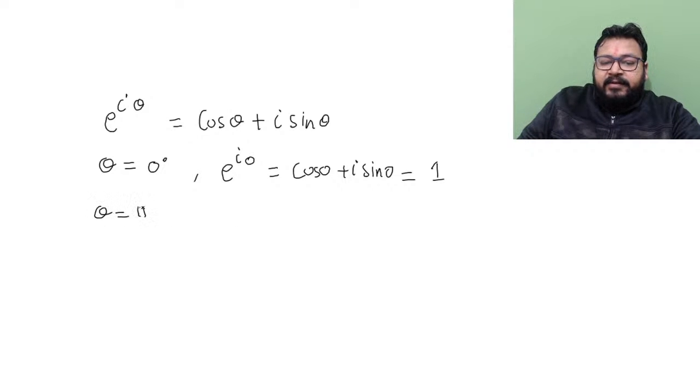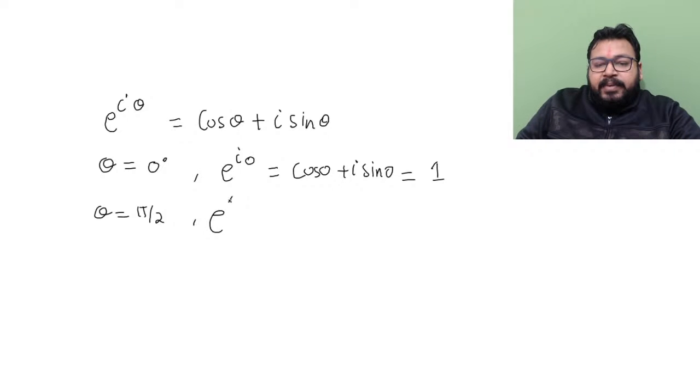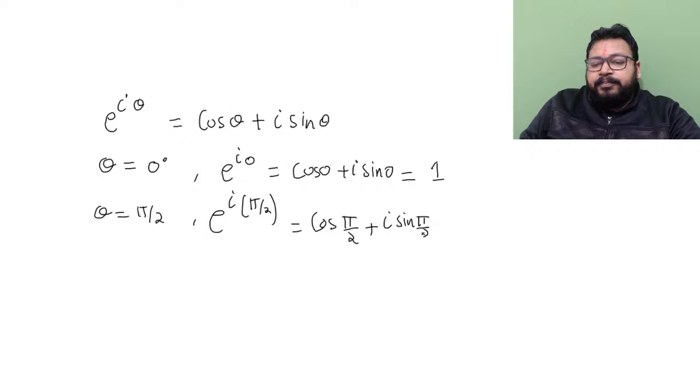When I take theta as pi by 2, then e to the power iota into pi by 2 is equal to cos pi by 2 plus iota sin pi by 2. Now what is cos pi by 2? Cos pi by 2 is 0. What is sine pi by 2? Sine pi by 2 is 1. I get iota. So e to the power iota pi by 2 is iota.